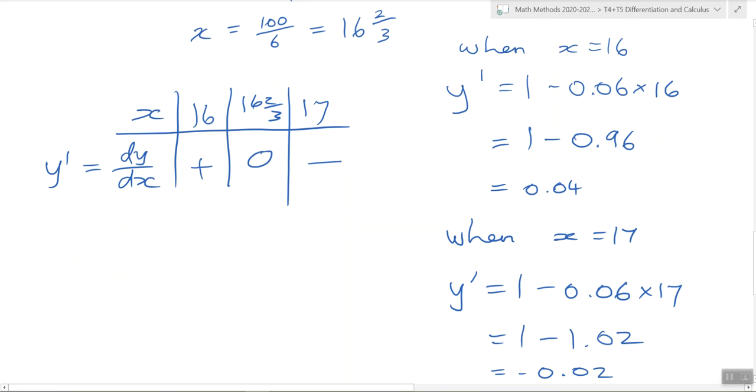So it's a negative gradient. If you imagine the hill, it's going up, it's a positive gradient, then it has its stationary point, 0 gradient, and then it goes down again. So the rugby ball is going up, stops, and then goes back down again, which is pretty obvious, hopefully. When you throw a ball, it goes up and then down.